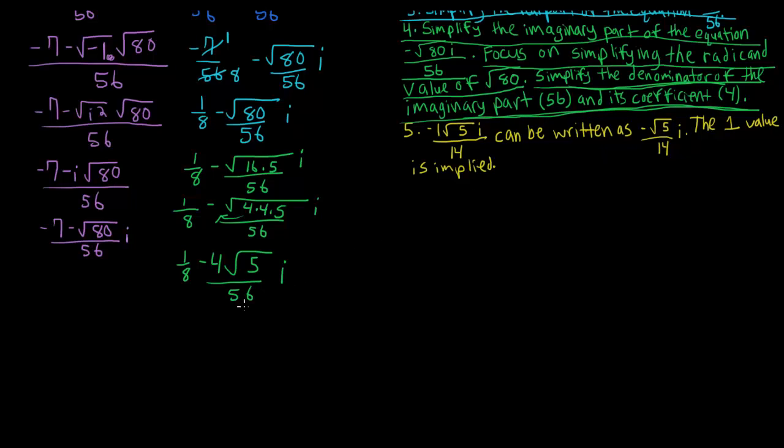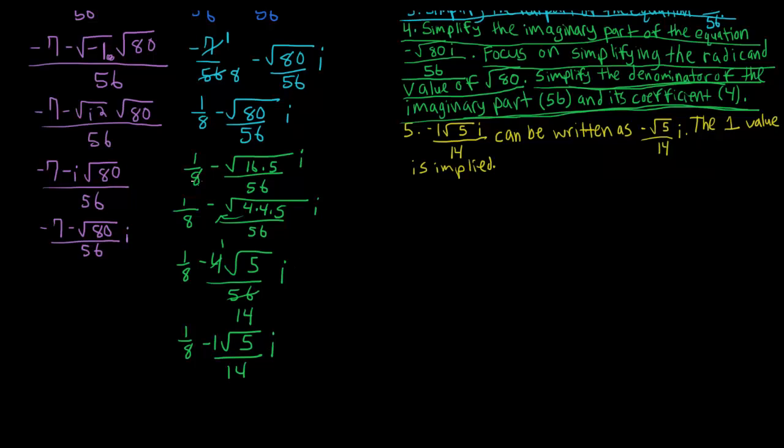So we can simplify 56 and the 4. 4 goes into itself once, and then 4 goes into 56 14 times. And that leaves our equation at 1 over 8 minus 1 square root of 5 over 14I.